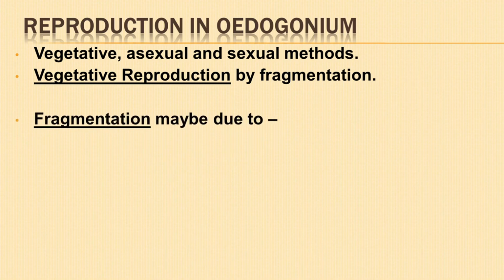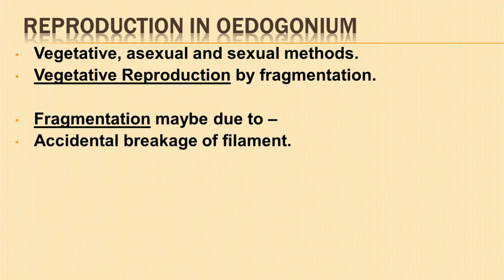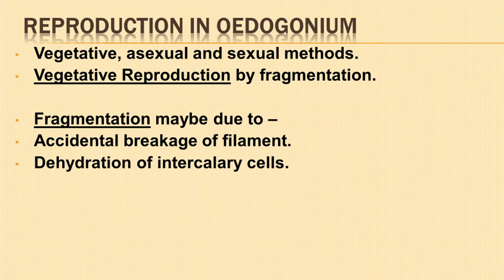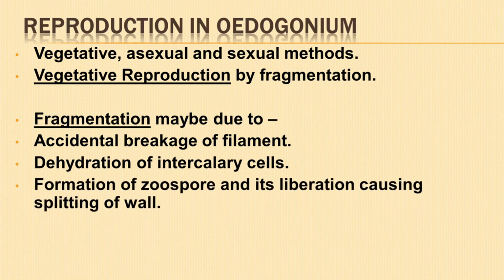Fragmentation in Oedogonium may take place either due to accidental breakage of filaments, or dying or dehydration of intercalary cells, or due to formation of zoospores and liberation because of the wall getting split.